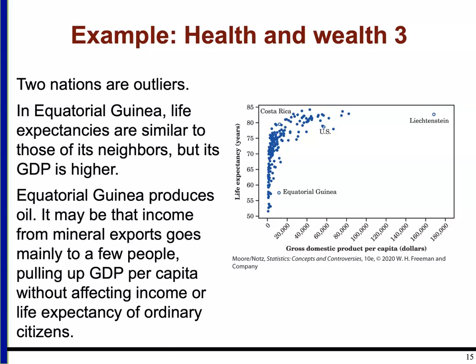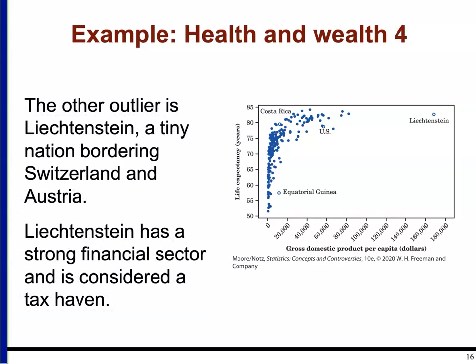And so we might ask, what else could be happening in Equatorial Guinea? And it turns out that it's an oil-producing country, and so there are a few people who are making a lot of money off of the oil, but that income is not being spread out among the entire country, and so it's not increasing any of the life expectancies of the ordinary citizens.